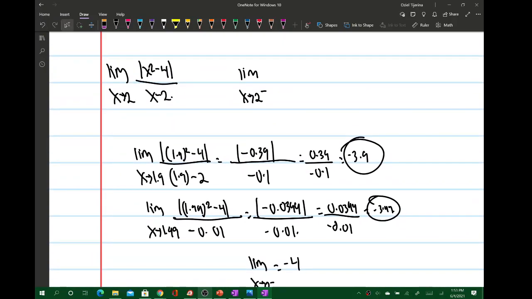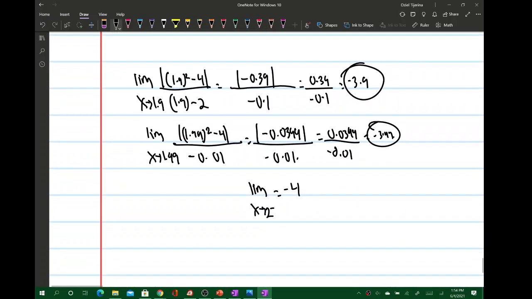I mean, approach, not reach, because obviously if we do 2 squared minus 4 over 2 minus 2, that's 0 over 0, so it won't actually be defined at that point, but the end behavior of the graph will approach that value as x approaches 2.